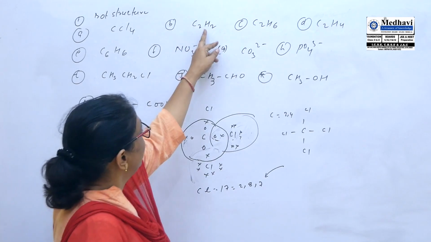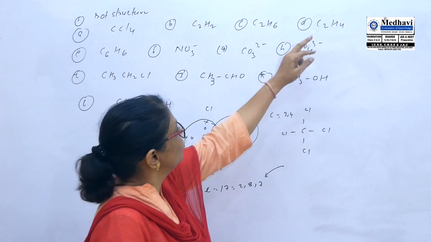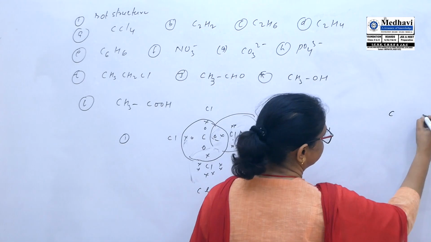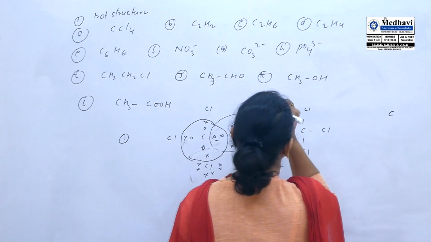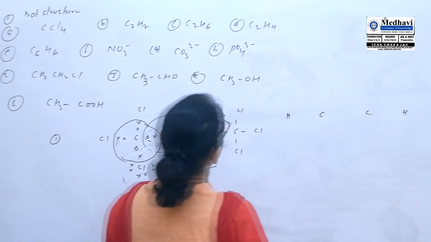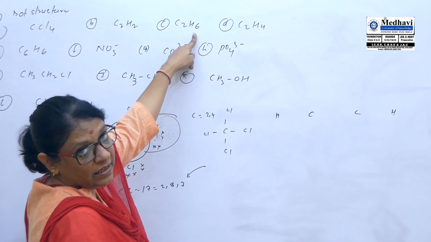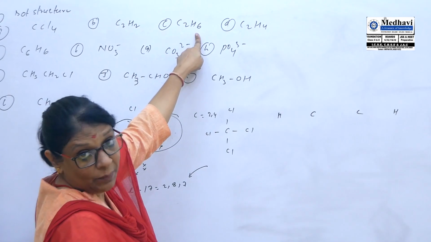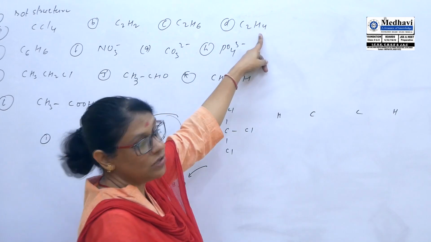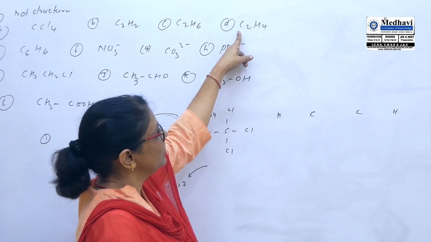Then the organic compounds C2H2, C2H6, C2H4. Suppose you want to draw the dot structure of C2H2: 2 carbon and 2 hydrogen. Mind it, if there are 6 hydrogens, in organic compounds 3 hydrogens will go with each carbon. With 4 hydrogens, 2 hydrogens go along with each carbon.